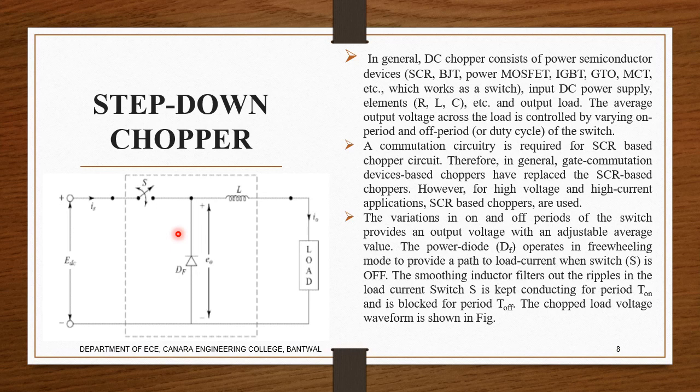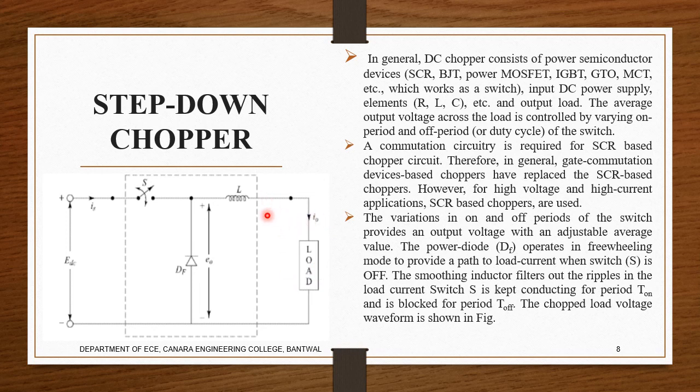Next we'll study the step down chopper, in brief. The DC chopper consists of semiconductor devices like SCR, BJT, power MOSFET, IGBT, GTO, MCT, etc., which work as a switch here. The input DC power supply is given to the elements of RLC, so we have L and R and the output load here.